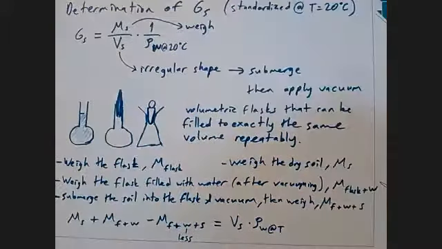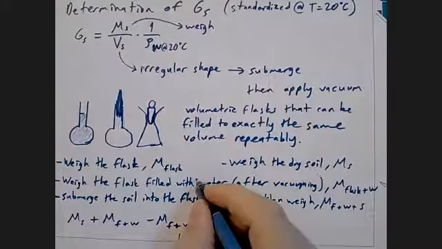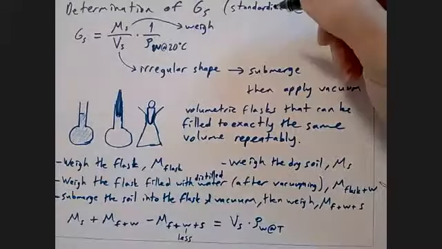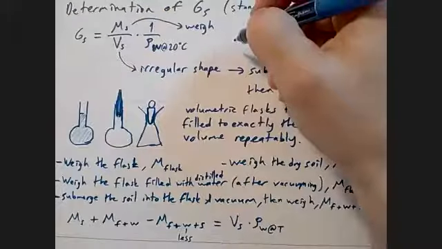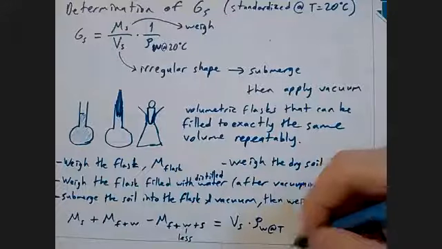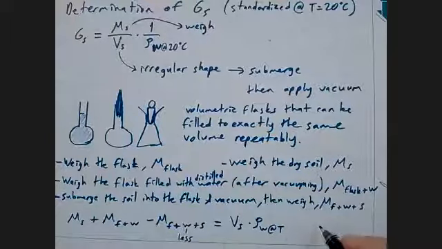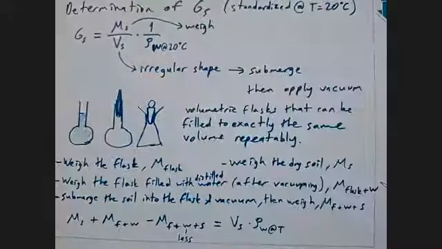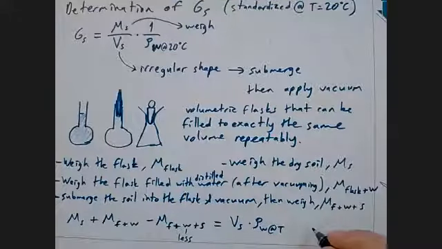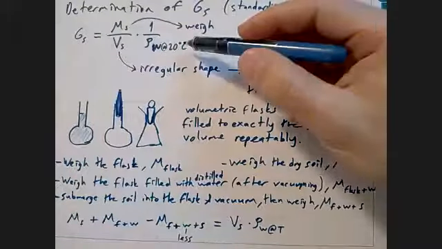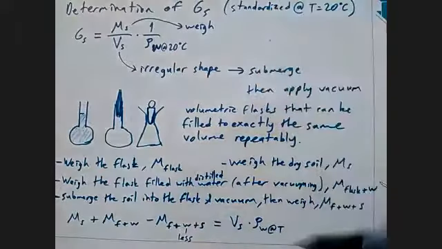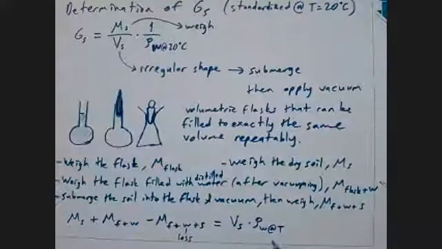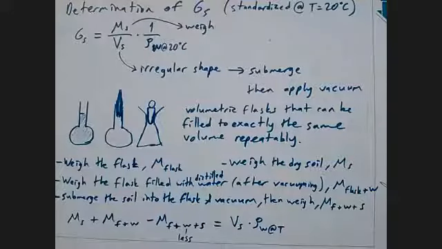So of course this is distilled water, by the way. So once I did this, I need to convert it into 20 degrees Celsius by multiplying it with a proportion of density at 20 degrees Celsius to density of water at the lab temperature, and you can get very precise density values at different temperatures for water anyway.